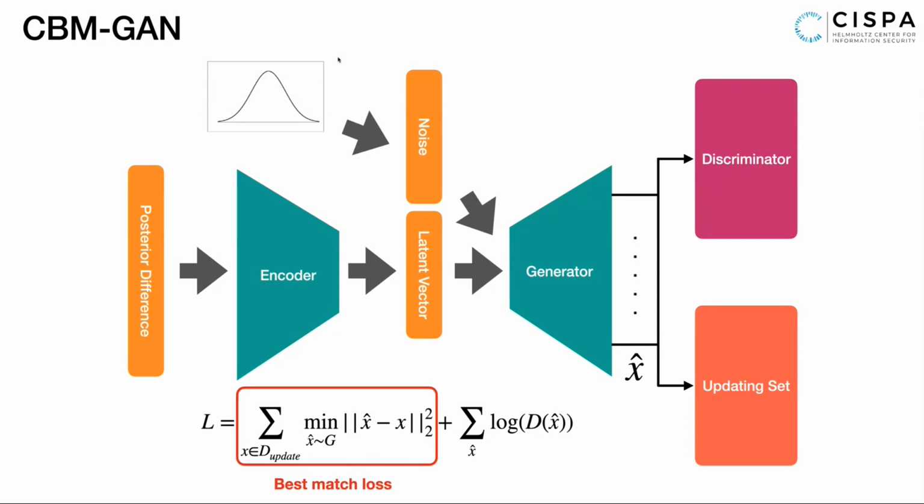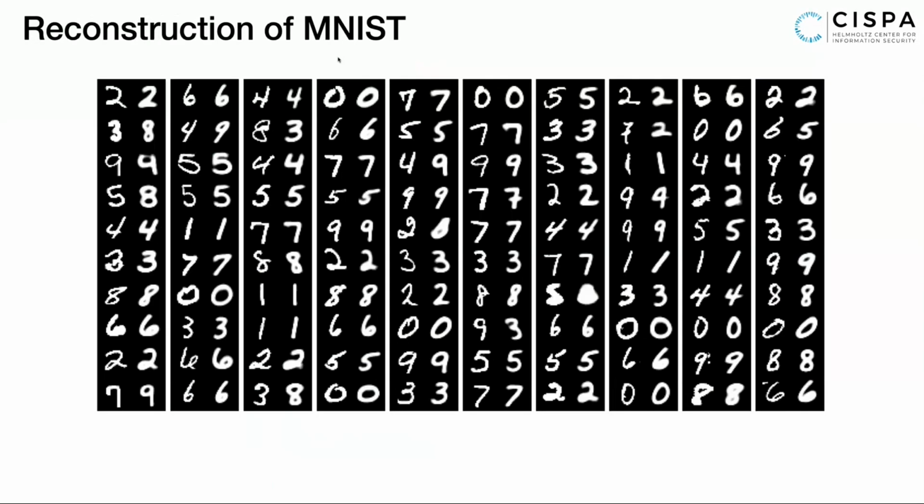Then I sum everything together, which allows my generator to learn each sample in the updating set, and this also gives it the ability to learn the general distribution of the updating set. So that's what CBM-GAN is, and the major part is the best match loss, which is quite simple.